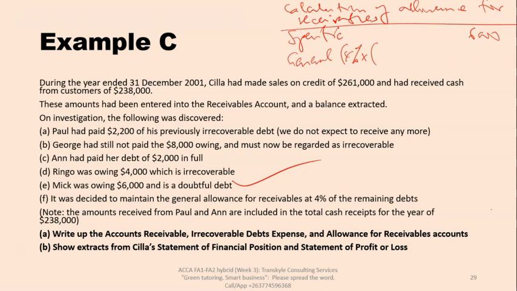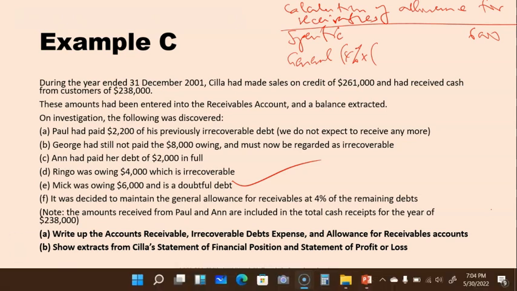We are told that there has been some events. So we need to determine the general allowance after taking into consideration events which occurred so far.